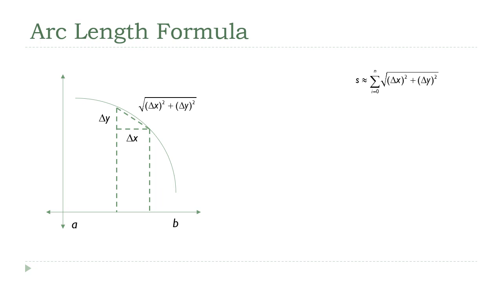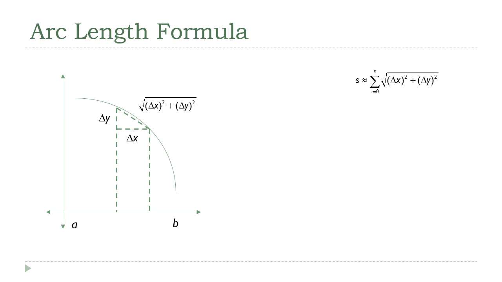So my approximation is the sum from i equals 0 to n of the square root of delta x squared plus delta y squared. Okay, it's got a delta x in it, which I'm happy about, right? That turns into dx when we do our limit.